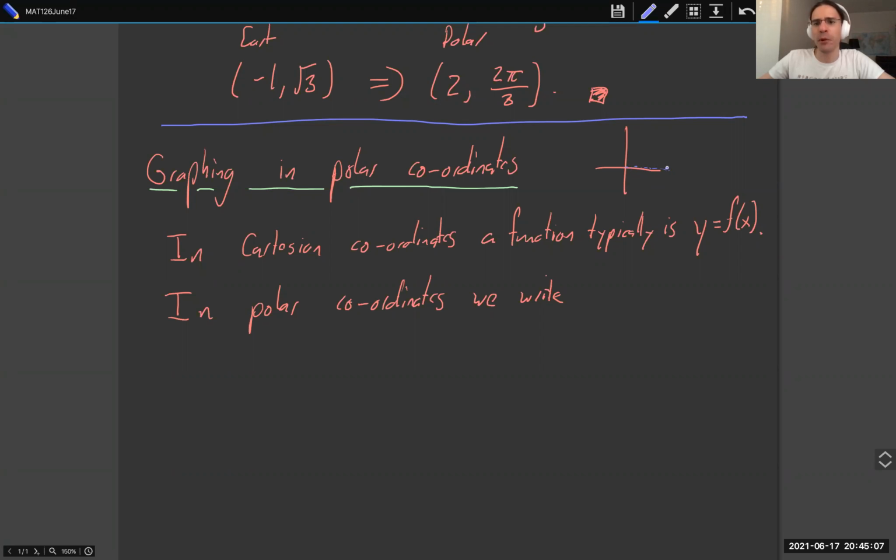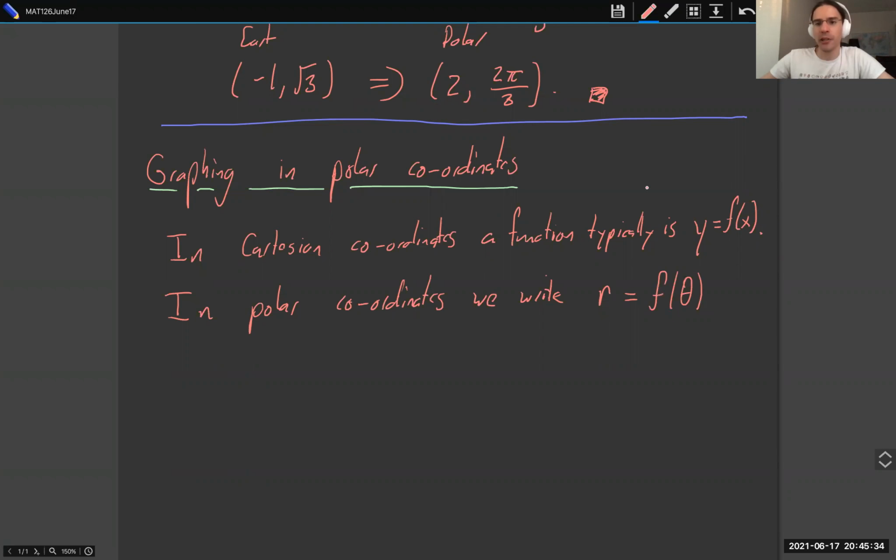So for example, that would mean that I would need my curve to go to infinity in some sense. It would have to start at 0 and it would have to go to infinity. But I want graphs that are nice and compact. It's much more natural the other way around. We write r as a function of theta.